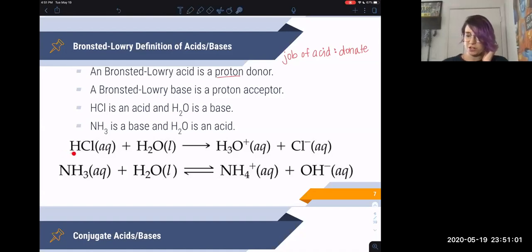Okay, look at this reaction here. I see a proton in this reaction. Do you see a proton in this reaction being exchanged? So hold on, we're talking about hydrogen and hydronium, and we're talking about hydroxide, and now we're talking about protons? Yes, Heather. H+ is a proton, y'all. Think about it.